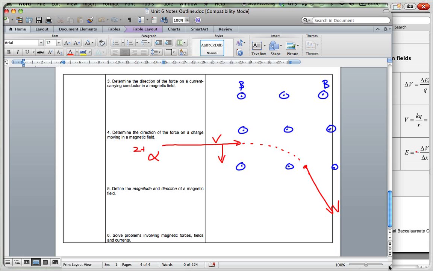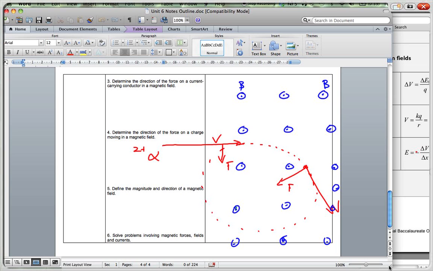The force is like that. So the force continues to be at right angles. And if this magnetic field extended all the way down, so it was still within the magnetic field, we could get circular motion, depending on the speeds.